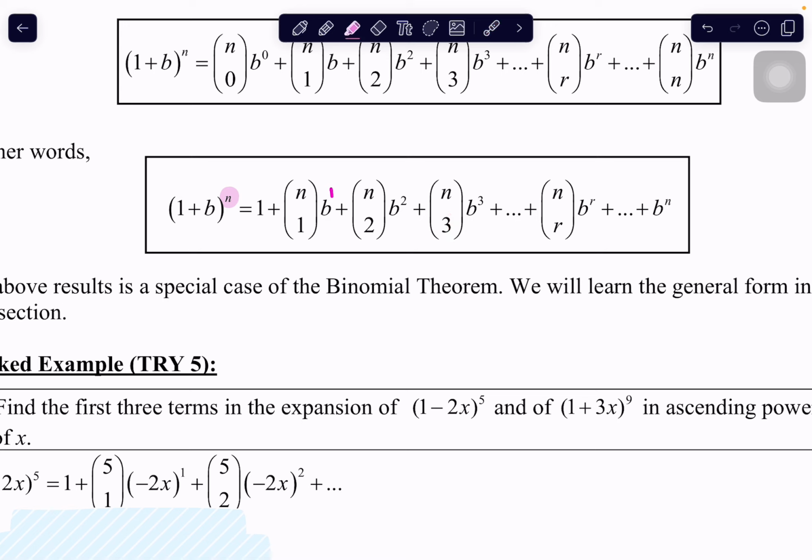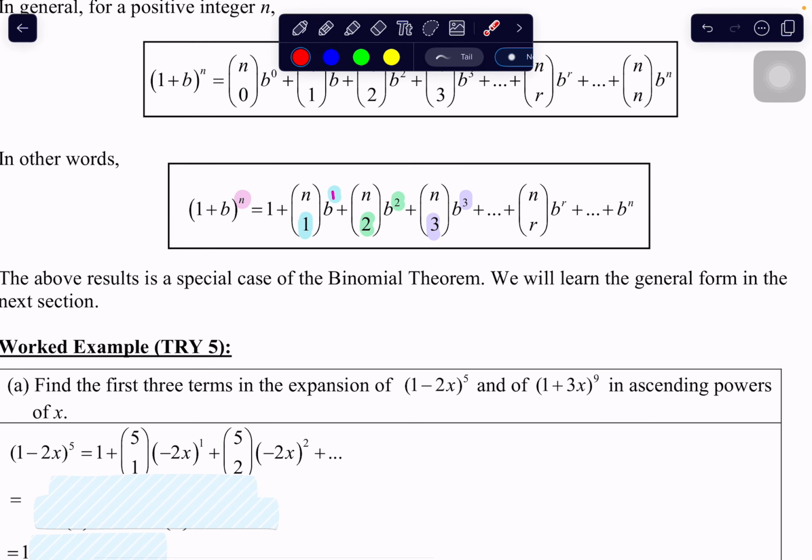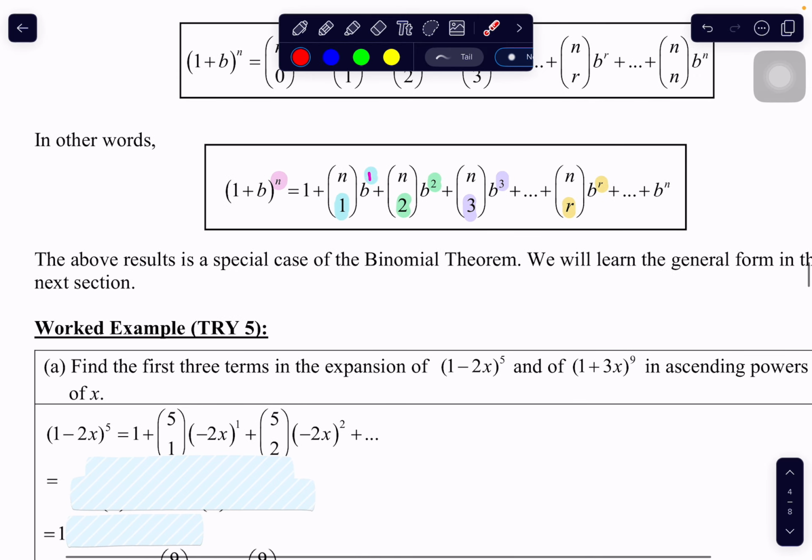If you spot a pattern, the r in n choose r corresponds to the power of b, which is your second term. The last term will always be b^n, which is your original power. This may seem a bit complicated, but I'm going to show you how to make use of this formula in the subsequent examples.